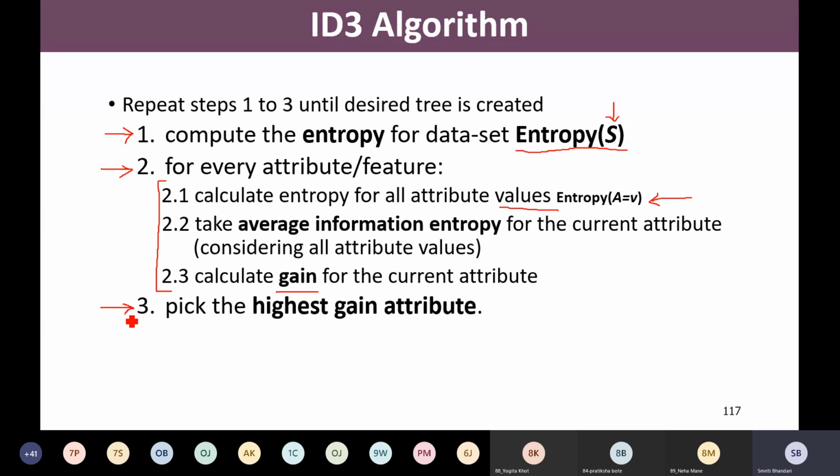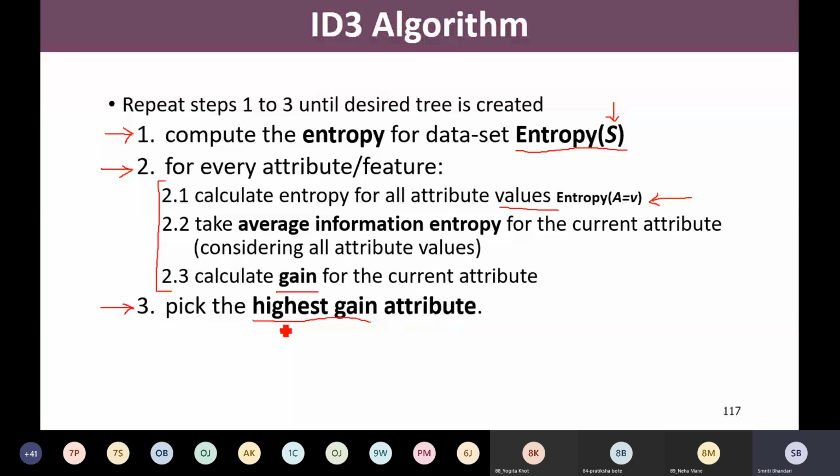In step number 3, we are going to pick the attribute which has the highest gain, and that would be the attribute using which we are going to take the decision. This is how the ID3 algorithm gives us the solution to which attribute to pick.